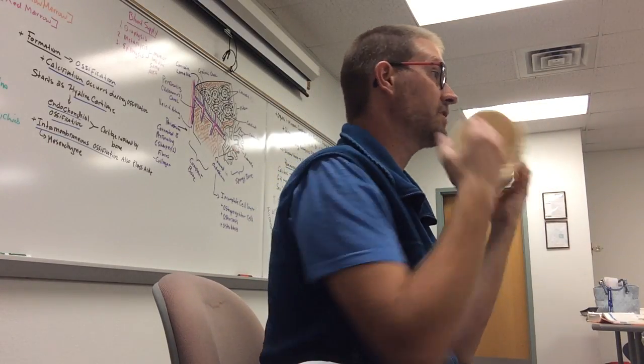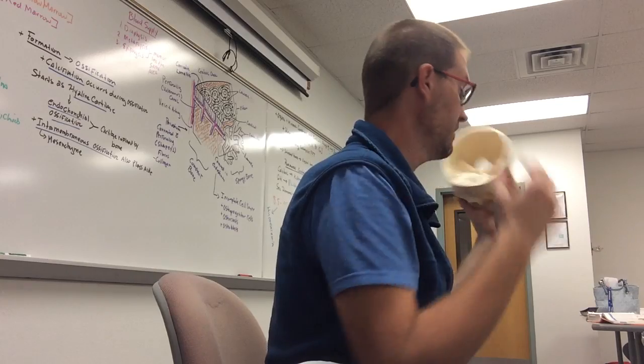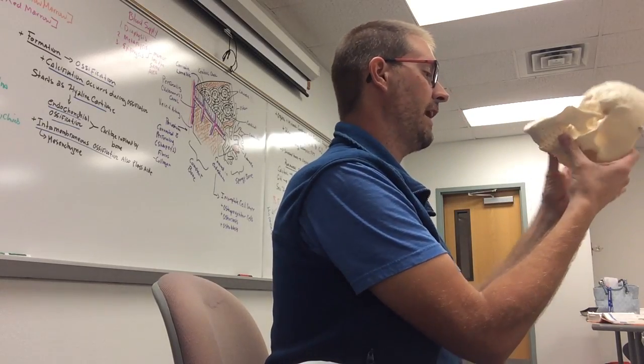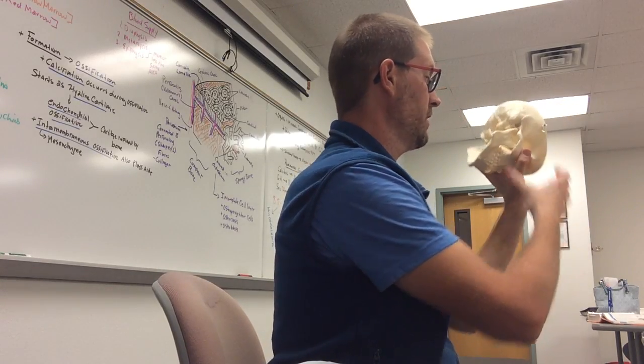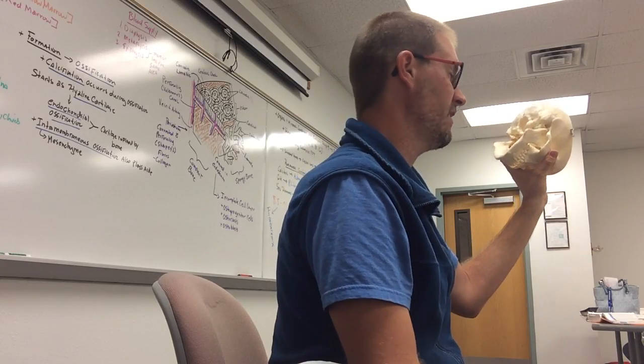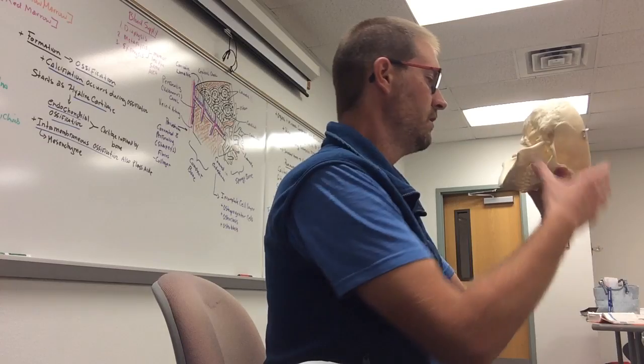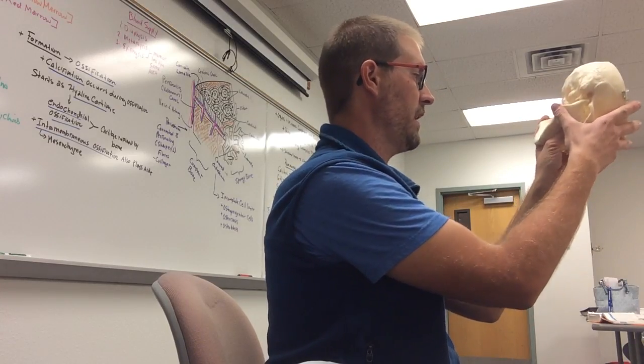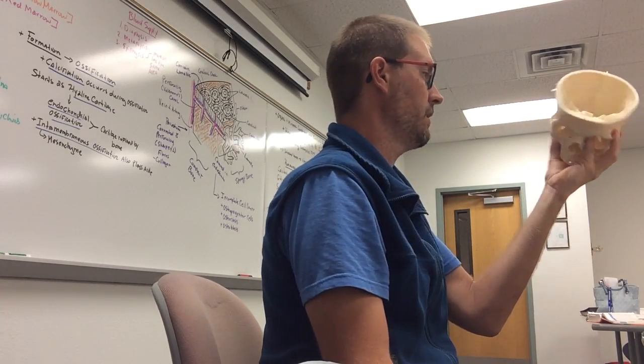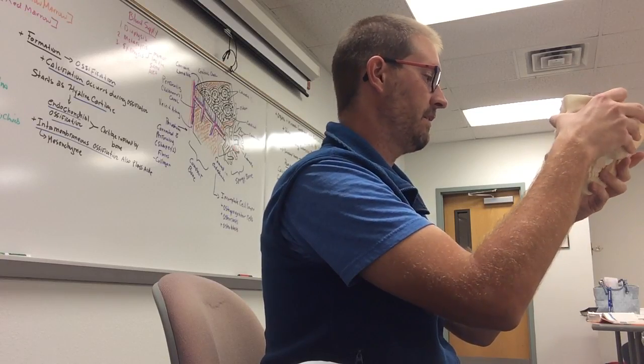You have maxillary sinuses and ethmoid sinuses, and these are air-filled chambers within the bones of your skull where air comes in, gets filtered, warmed, and humidified. You have sinuses in other parts of your body as well, but those are pretty easy to identify.